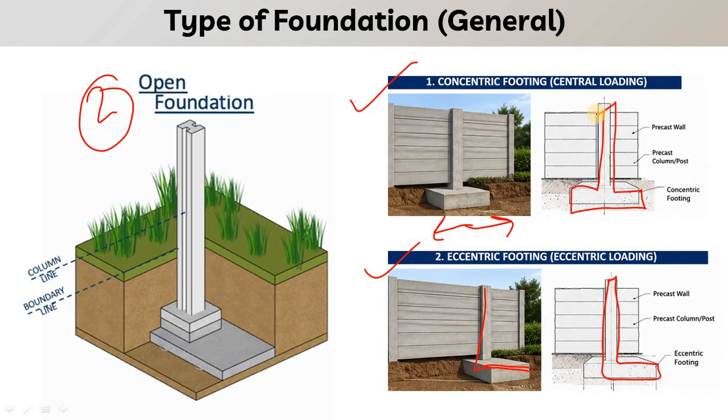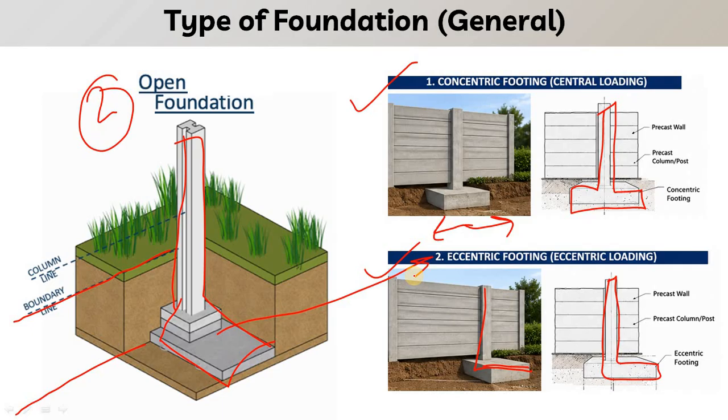So we have to consider our foundation inside our boundary line. In this picture you can see this is our boundary line, and for this column we have considered the foundation inside the boundary limit. This kind of foundation is known as eccentric foundation, and it is used where the boundary wall has to be in line with the plot limit.